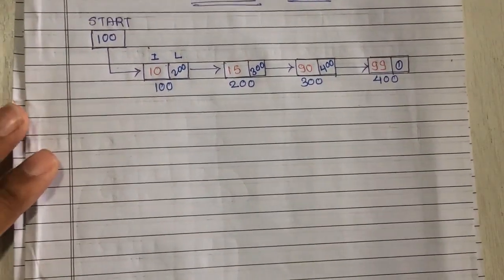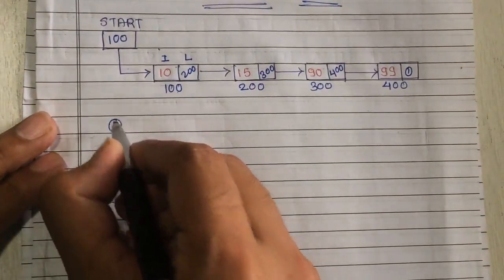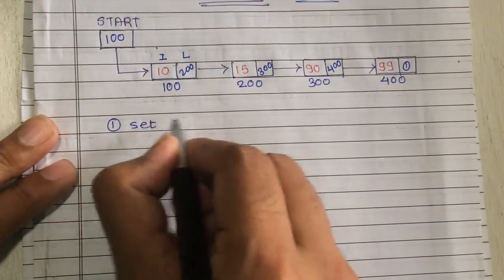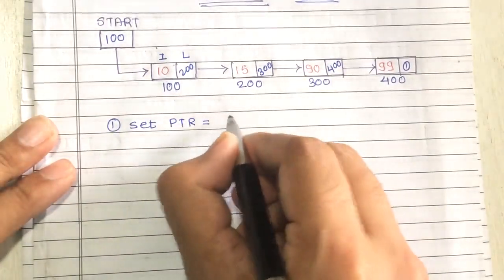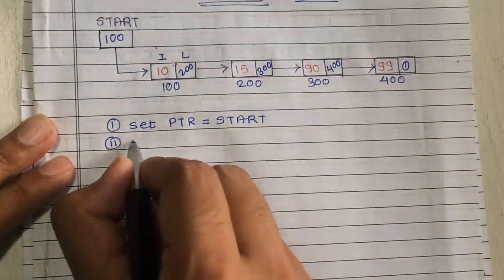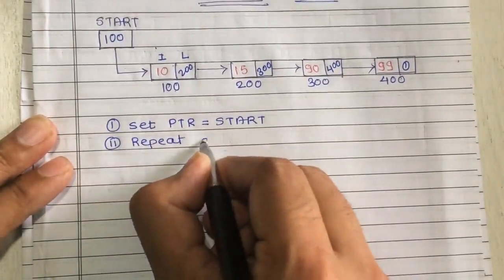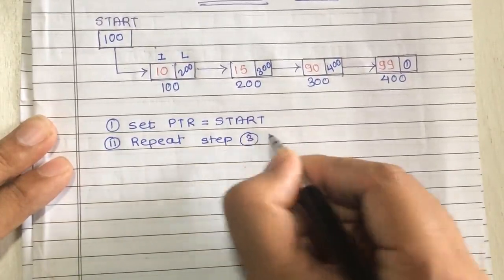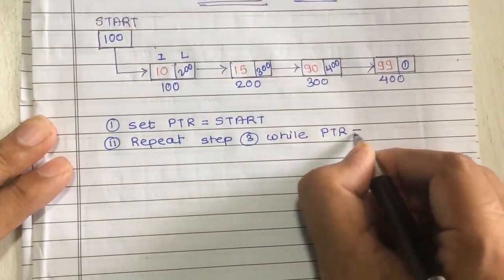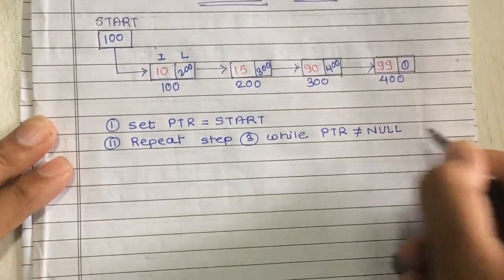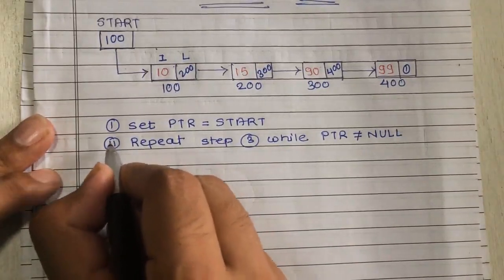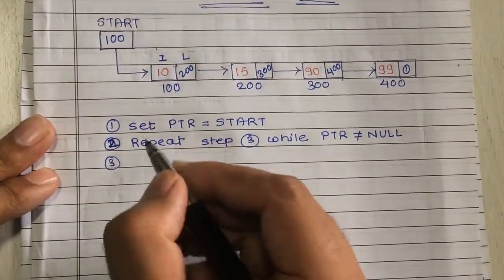I will write the algorithm first and then I will explain. This is the second step. This one is the third step.